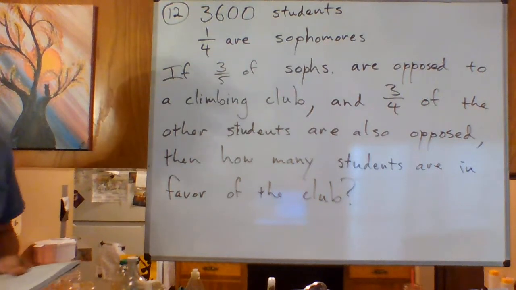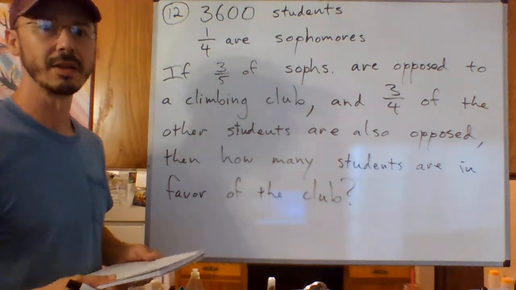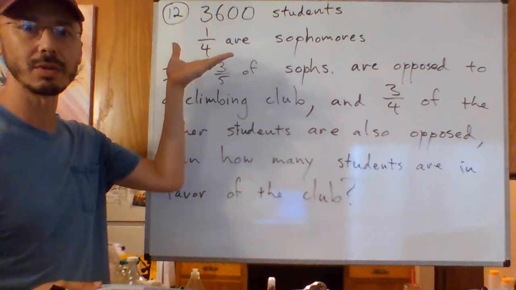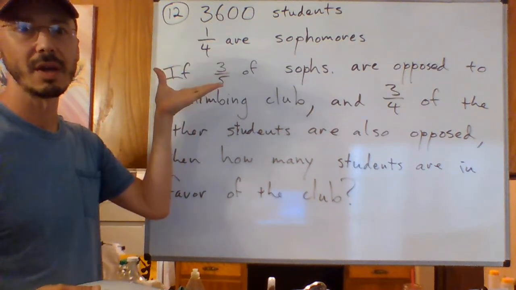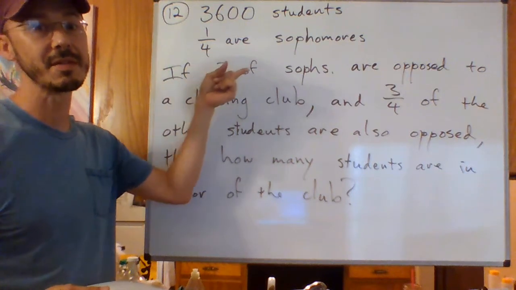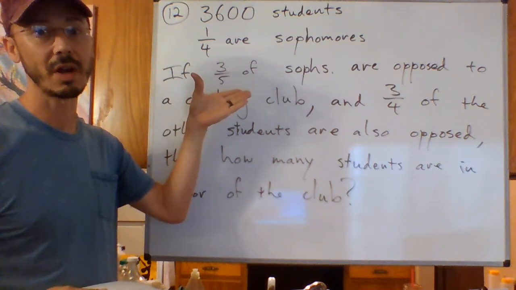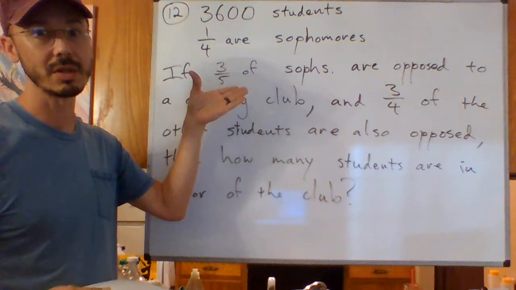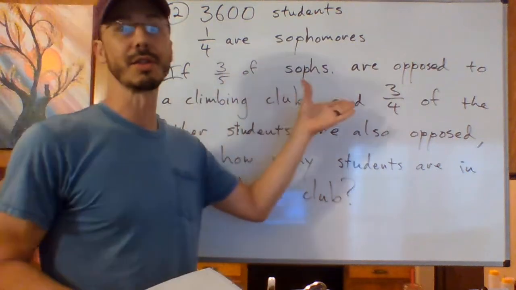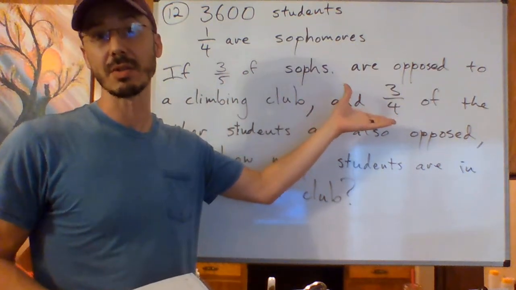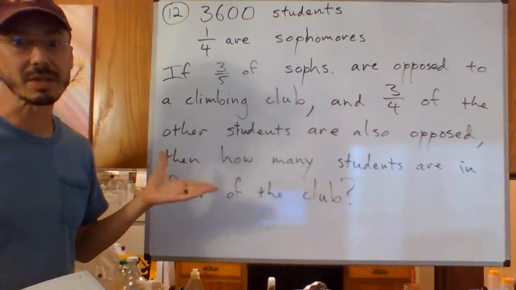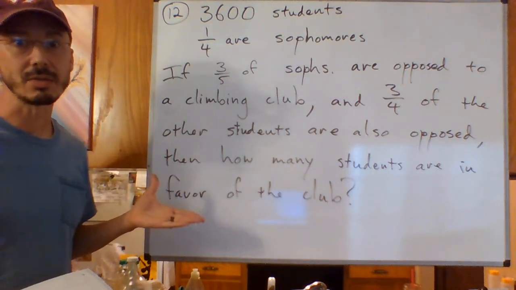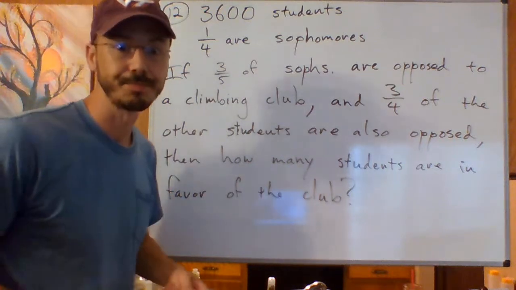So here's kind of the short version of the problem that I got. There are 3,600 students in the school. A quarter of them, or 1/4 of them, are sophomores. 3/5 of the sophomores are opposed to this new club. 3/4 of the rest of the students are opposed to the club. They want us to say how many students are in favor of the club.